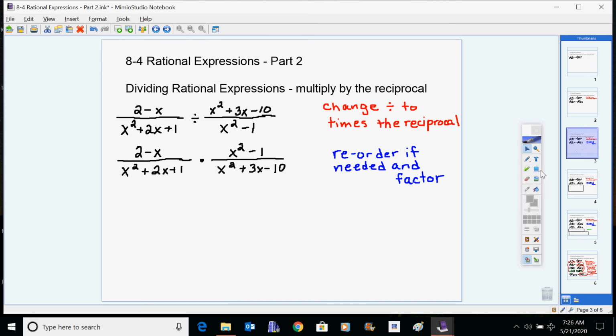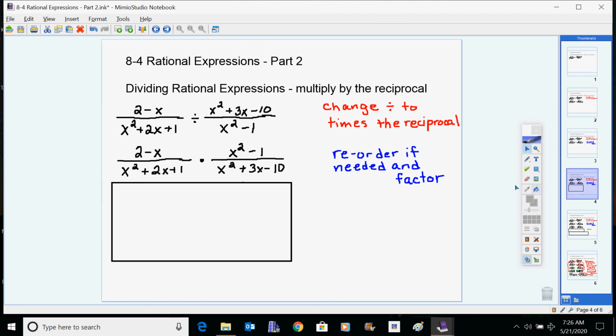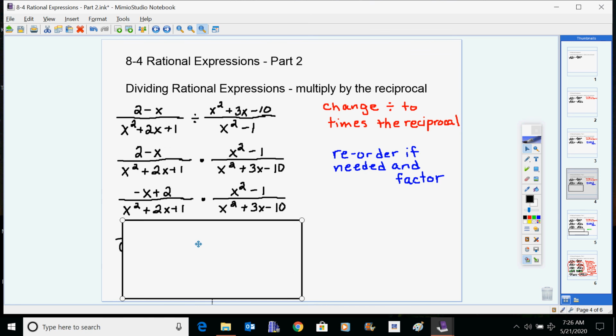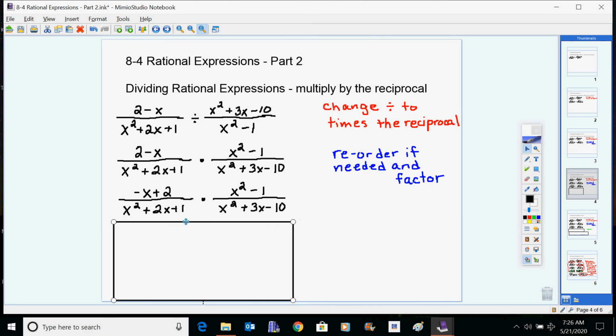I say reorder if necessary because we're going to take this one and make it in descending order. So the negative x has to come first. So just a little bit of reordering, check for that.